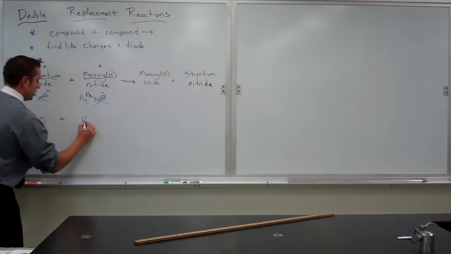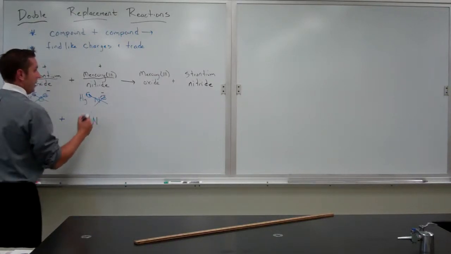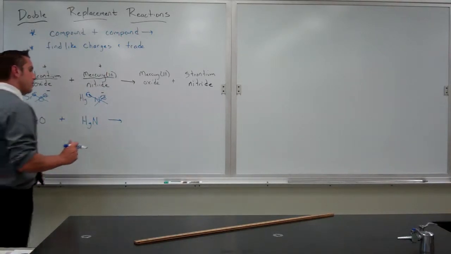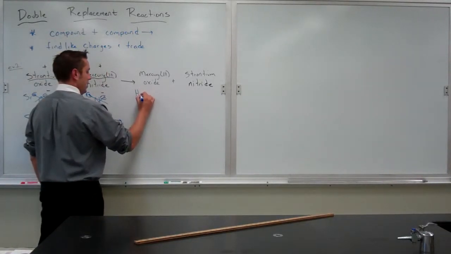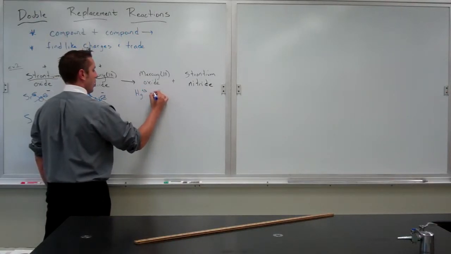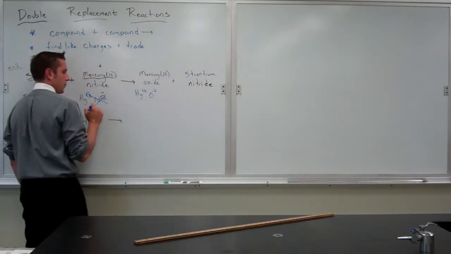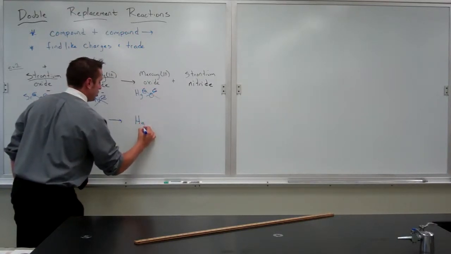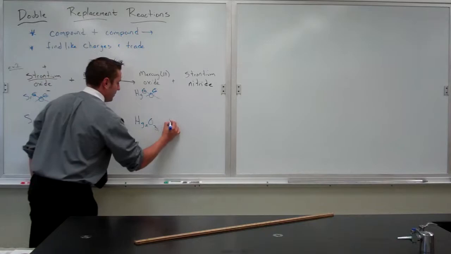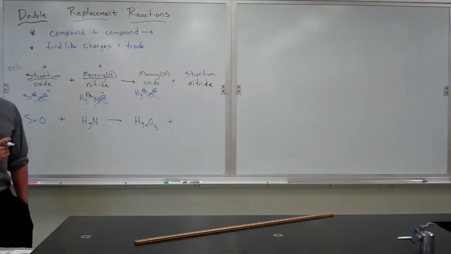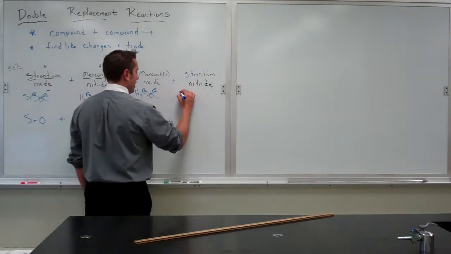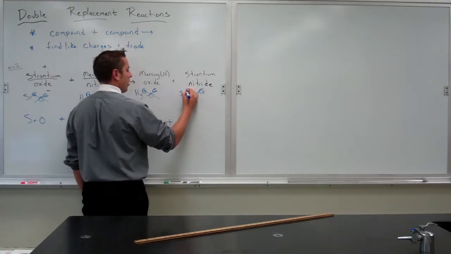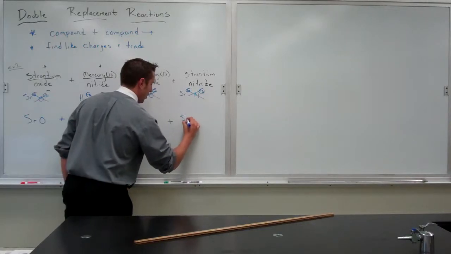Cross and reduce, HgN. Over to the other side, mercury III oxide, Hg plus 3, O negative 2, cross and reduce, looks like Hg2O3. And lastly, strontium nitride, Sr plus 2, N negative 3, cross and reduce, Sr3N2.